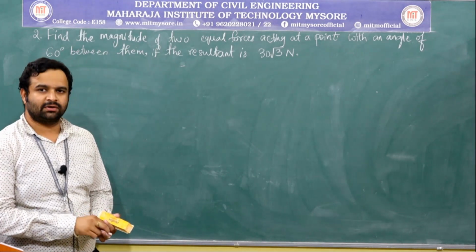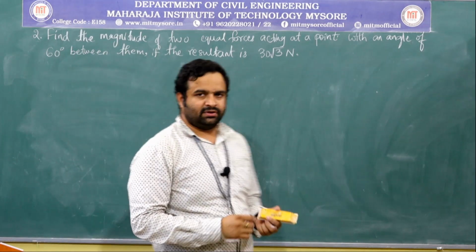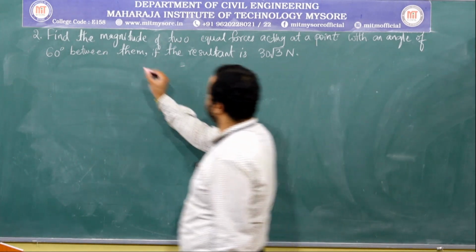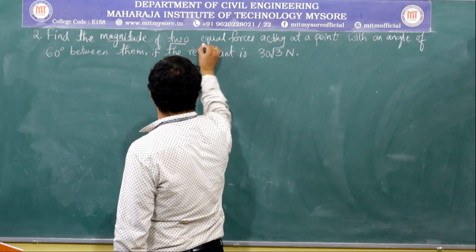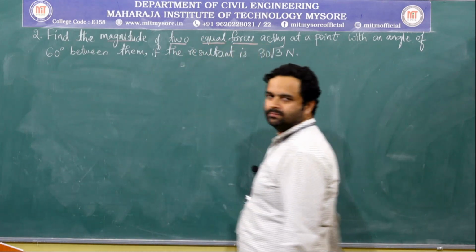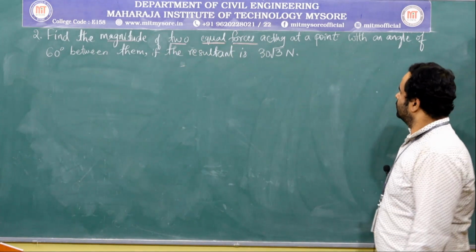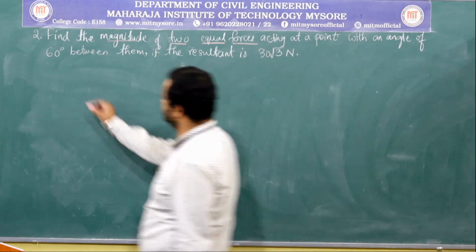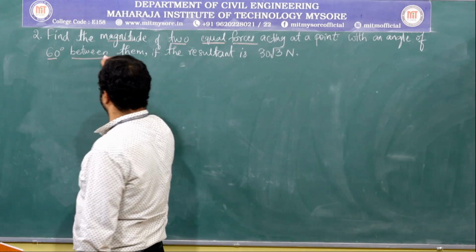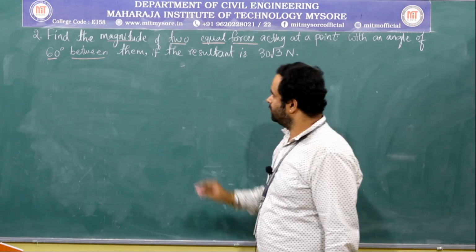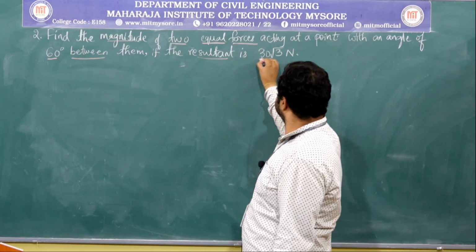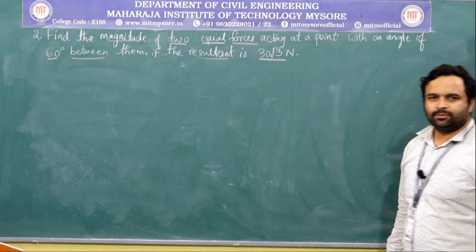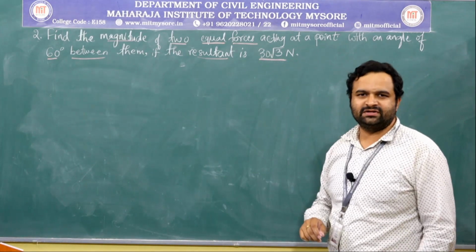So, in this case, they have asked us to find the magnitude of two equal forces which are acting at a point and the angle is 60 degrees between them, if the resultant is 30 root 3 Newton.